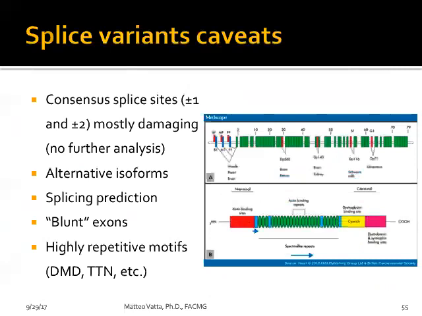In this case, this is the dystrophin gene, so we have multiple promoters. The rod part of the gene is highly repetitive with blunt exons. So a deletion of blunt exons can lead most likely to a milder disease called Becker muscular dystrophy, which has a more prominent cardiac disorder and less prominent skeletal disorder, versus those out-of-frame events, which cause Duchenne muscular dystrophy.